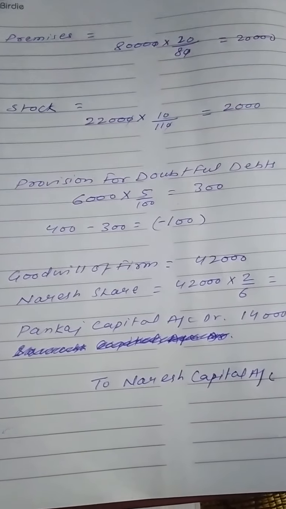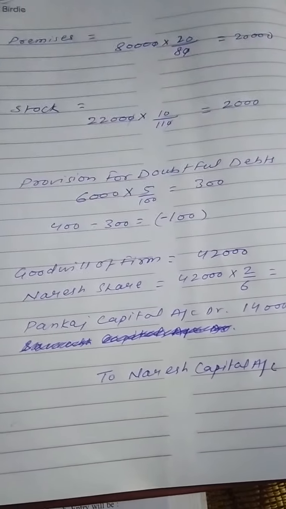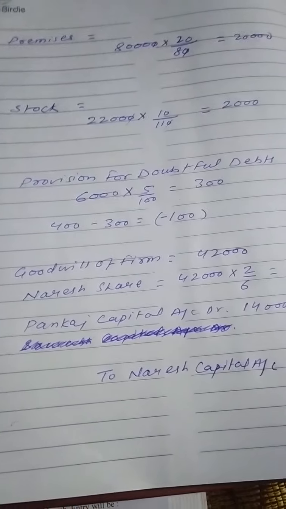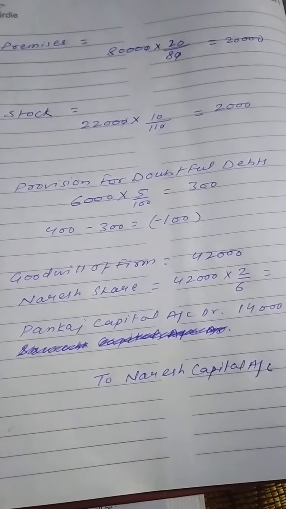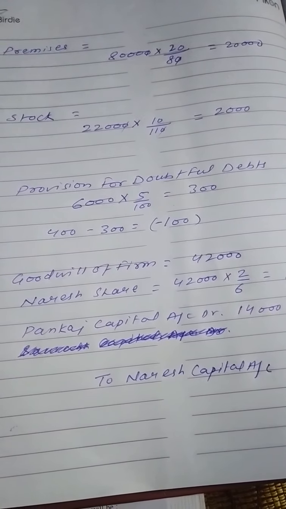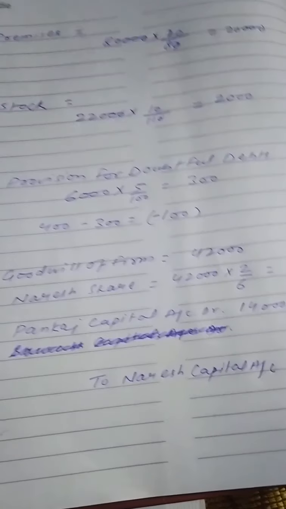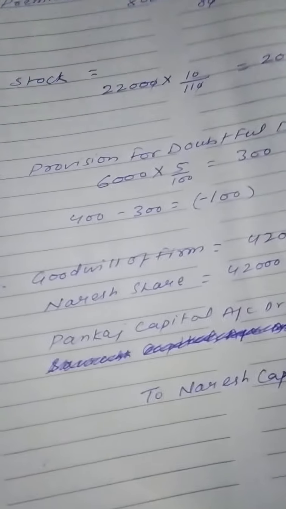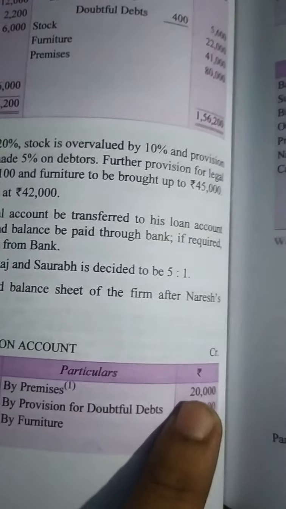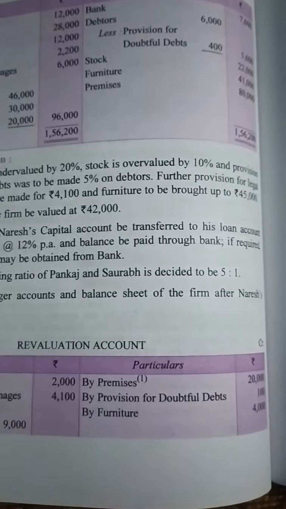Now you have to show it on the credit side of the revaluation account because the premises value is increasing. It was shown at a lesser figure previously. Now we have to increase the value of premises by 20,000, so it will be shown on the credit side of the revaluation account, as premises, the asset of the firm, is increasing.